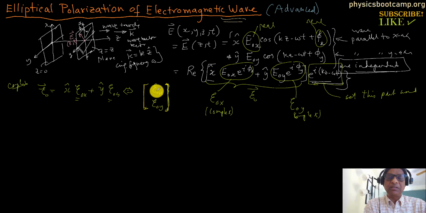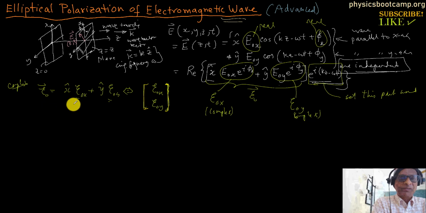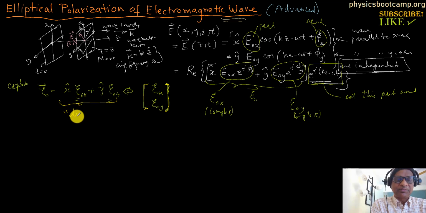The direction of this vector is what is called polarization. So this is kind of a strange so-called direction, the polarization direction.